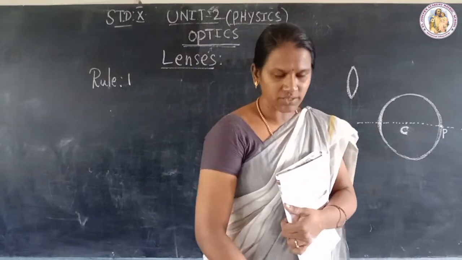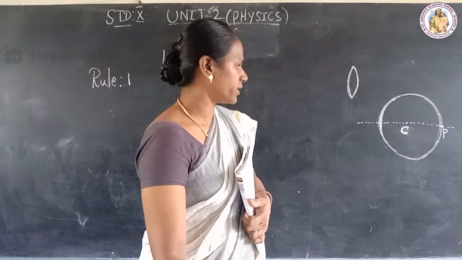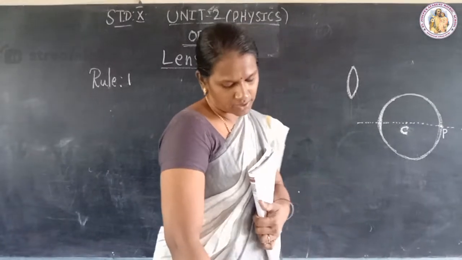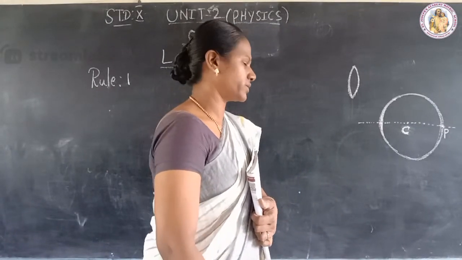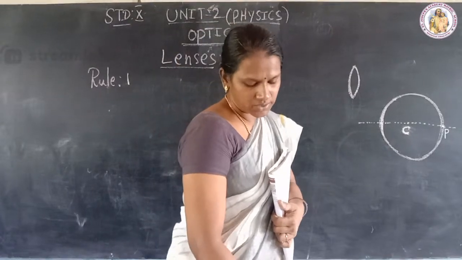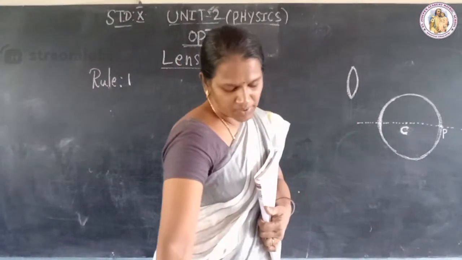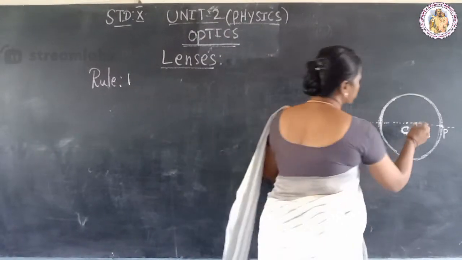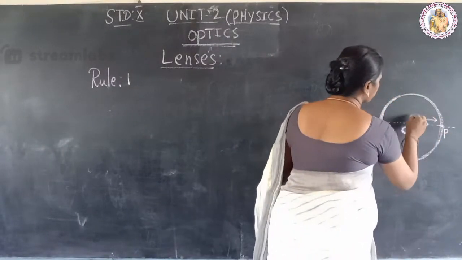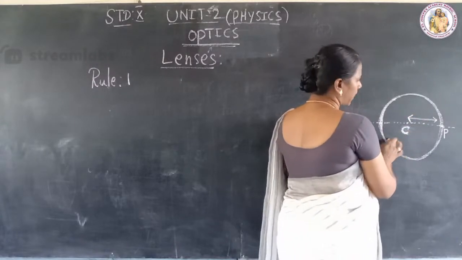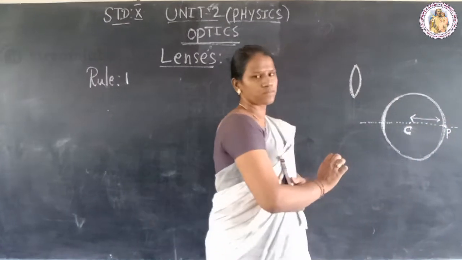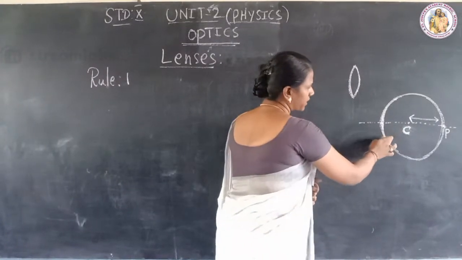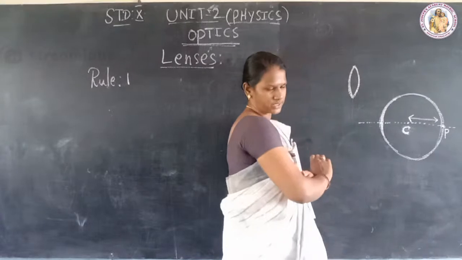Then the radius of curvature. Next, the important thing we have to learn. The radius of curvature is the distance between the center of the sphere and the vertex. So what is radius of curvature? It is the distance between the center of the sphere and the curvature, or the vertex.